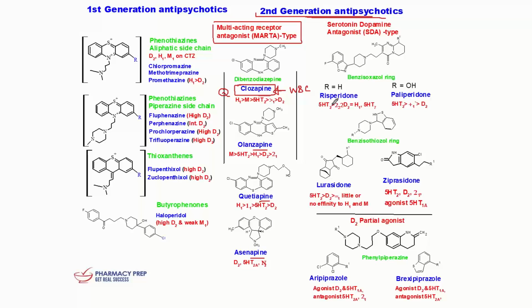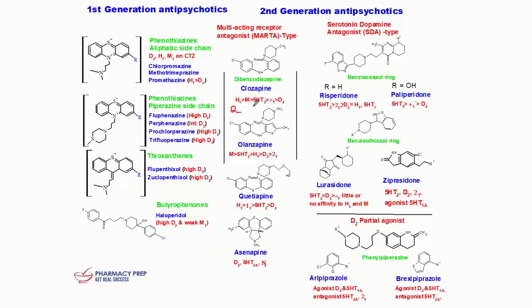One more interesting point about clozapine and the sites of action: it has a very high effect on histaminic and muscarinic receptors. That means it can cause antihistaminic side effects, which mainly relate to weight gain. This is one of the high weight gain drugs among the second generation antipsychotic drugs.